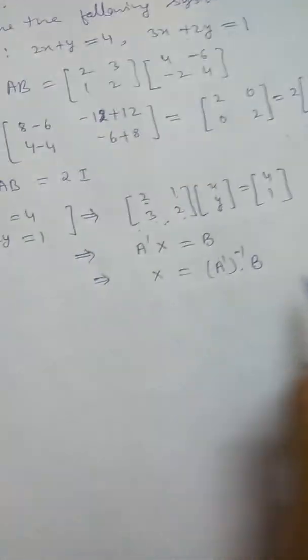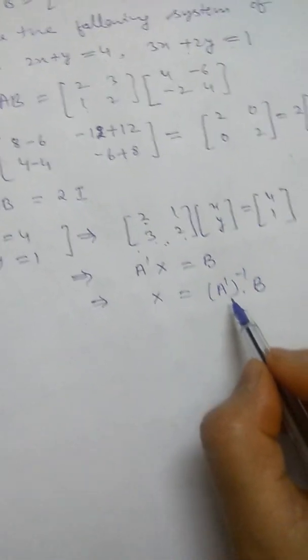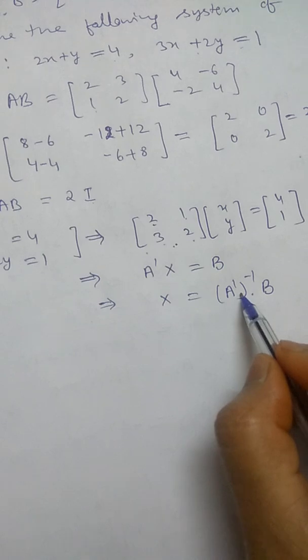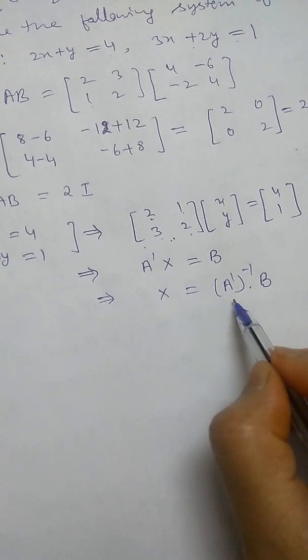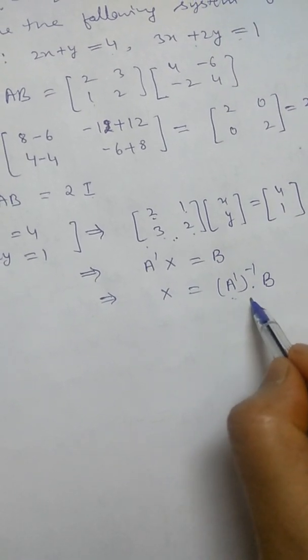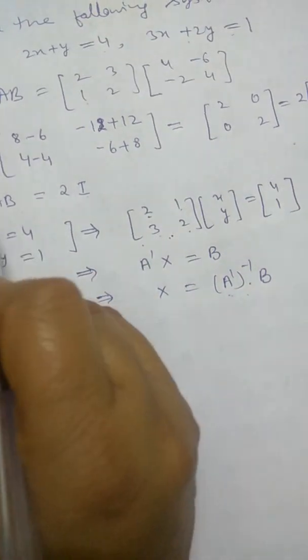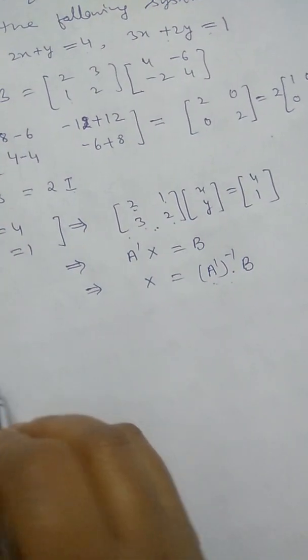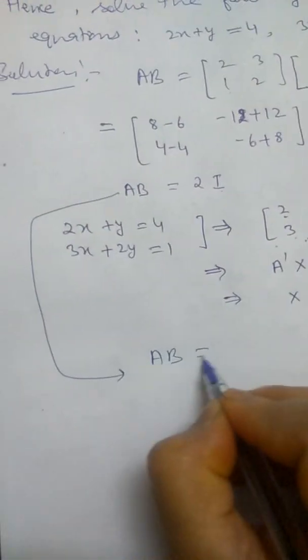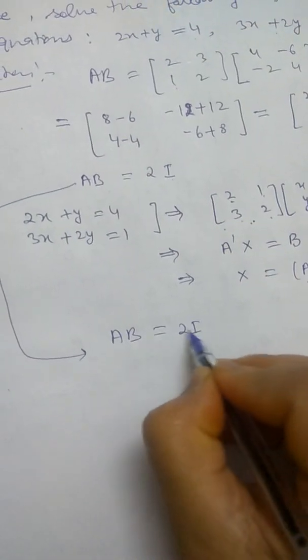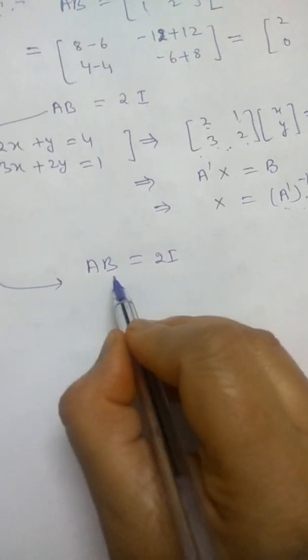Now here we have to find the inverse of A'. But to find the inverse of A', first of all, by using the equation AB = 2I, we find A inverse.